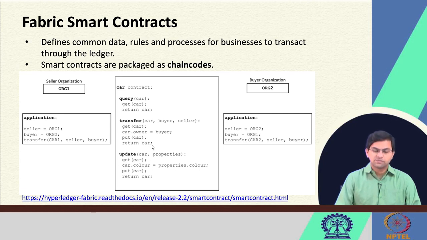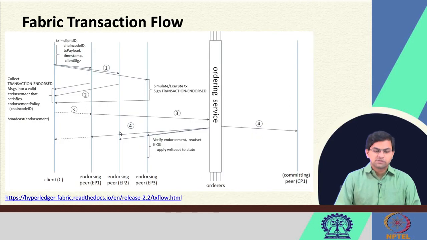Similarly, update will update the other values or properties of this particular car and then save it back to the ledger. In this way any business logic can be programmed into a smart contract and deployed into the Hyperledger Fabric network. So, when we do a transaction in the Fabric network, how does that transaction look?